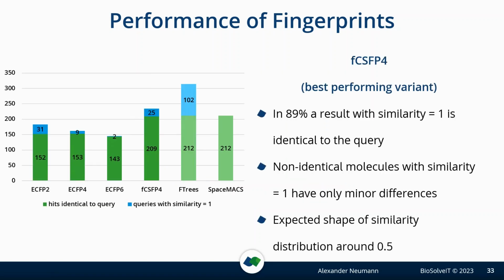So for the future, be prepared because the CSFP4 fingerprint is able to retrieve a lot of very important molecules out of the space and will be the standard fingerprint, or the best performing fingerprint, for chemical spaces in general in the future.